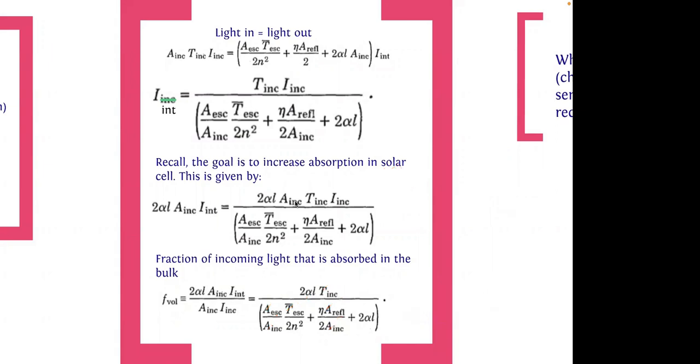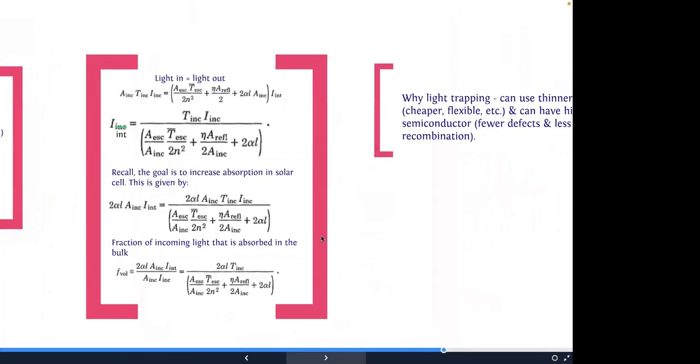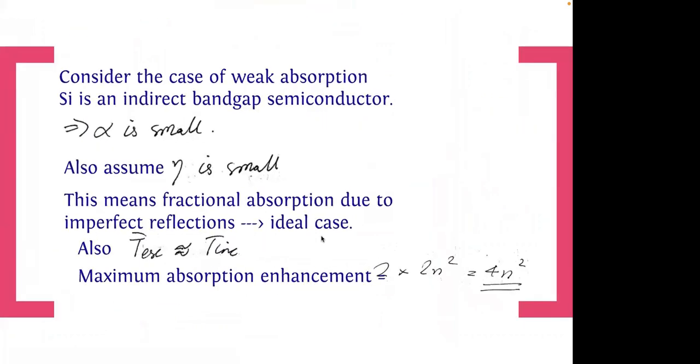Okay, let's look at this more closely. We're going to consider the case of weak absorption. Silicon is an indirect band gap semiconductor. That means the transition of absorption of a photon and creation of the electron-hole pair is more difficult in an indirect band gap semiconductor like silicon.